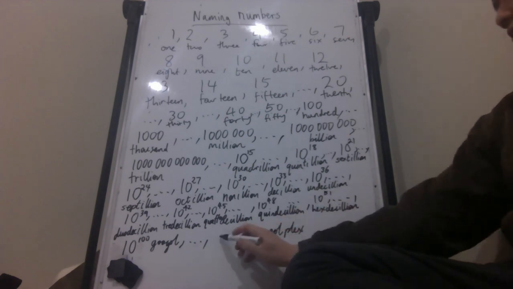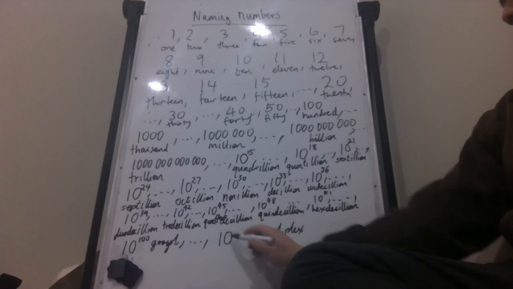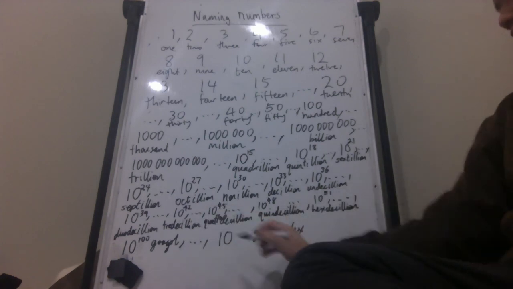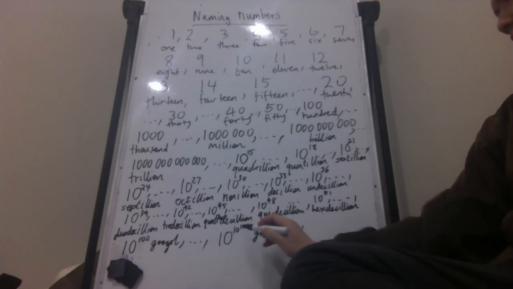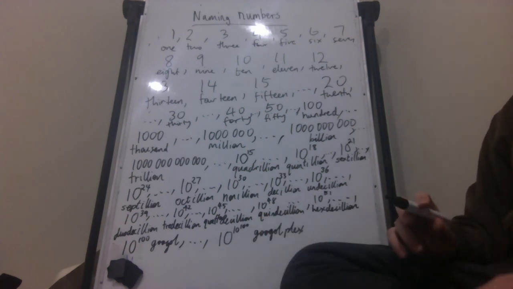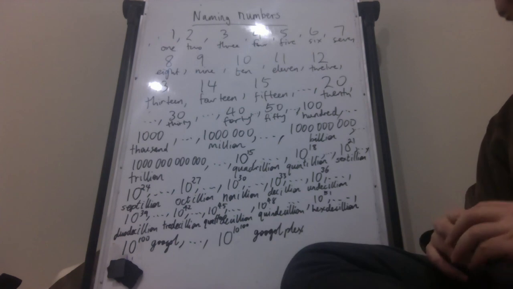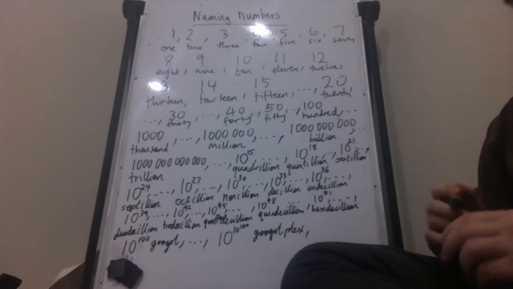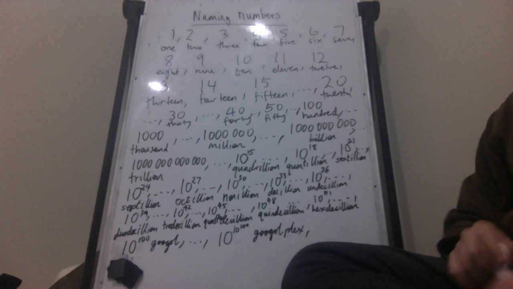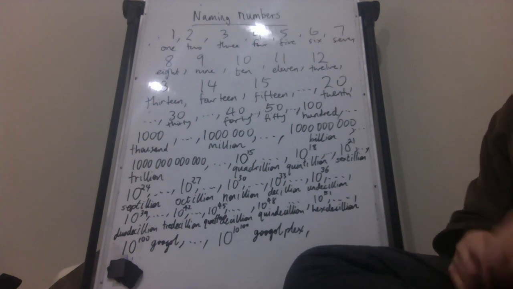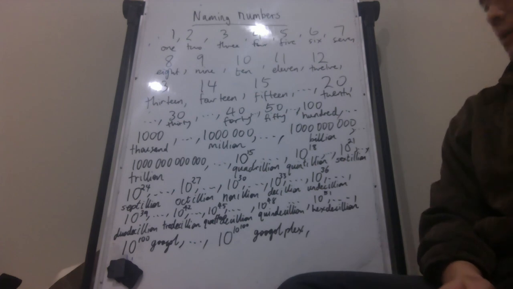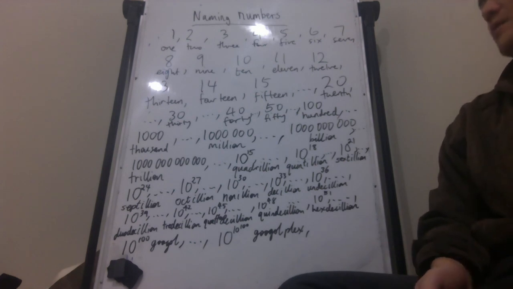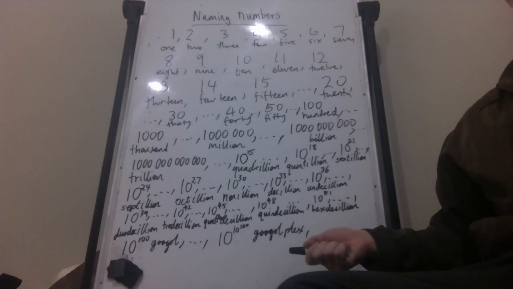So we can write that another way. We write 10, and then on top there's a googol, and a googol is 10 to the 100. So we write 10 to the 100 on top. It's like those two tens are cousins or brothers. So that's the biggest number we're going to name.